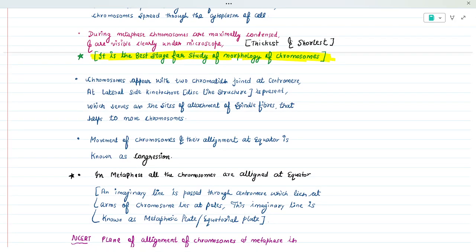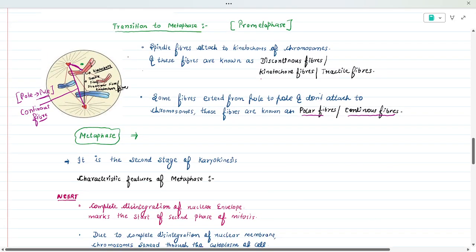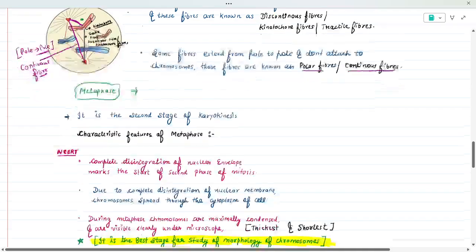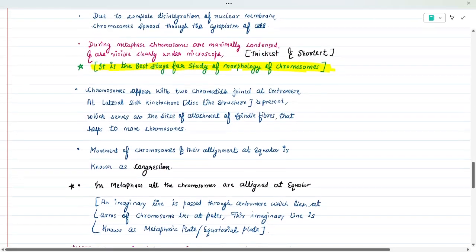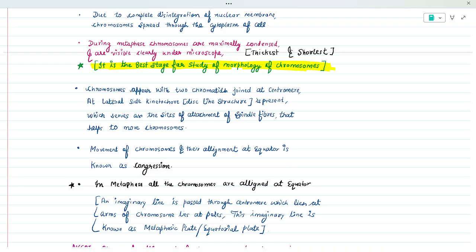How do chromosomes appear? You have seen here chromosomes are appearing with the two sister chromatids. These two sister chromatids join at one common point, that is the centromere, like this.